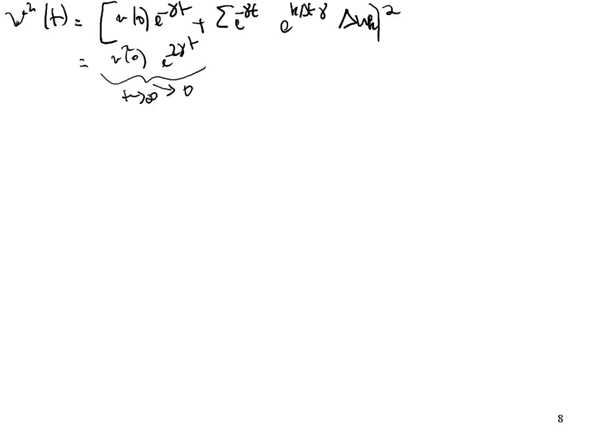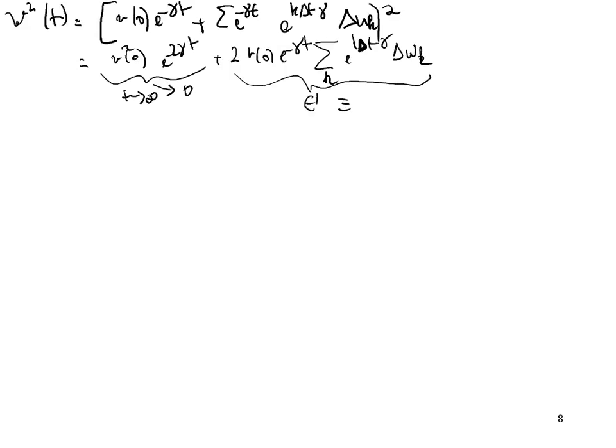There is also a second term, which is 2 v0 exponential minus gamma t, the sum of k exponential k delta t gamma d omega k. The expectation of this term is equal to 0.